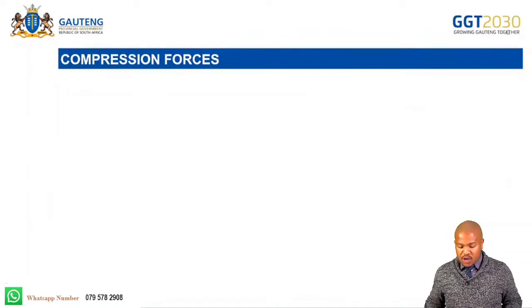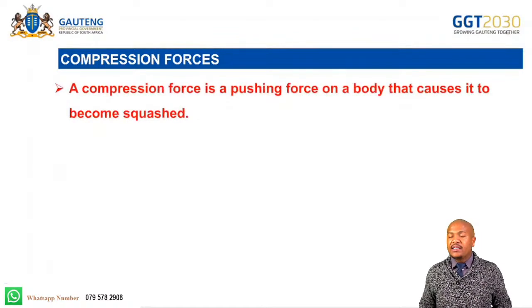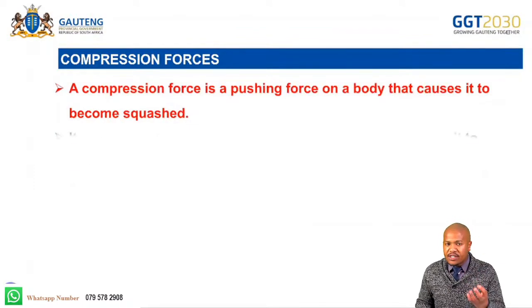Right. So here we have another example of contact forces, which is compression forces. Compression forces are a pushing force. It is a pushing force on a body that causes it to become squashed. It's one of those forces that change the shape of an object when the force is applied.